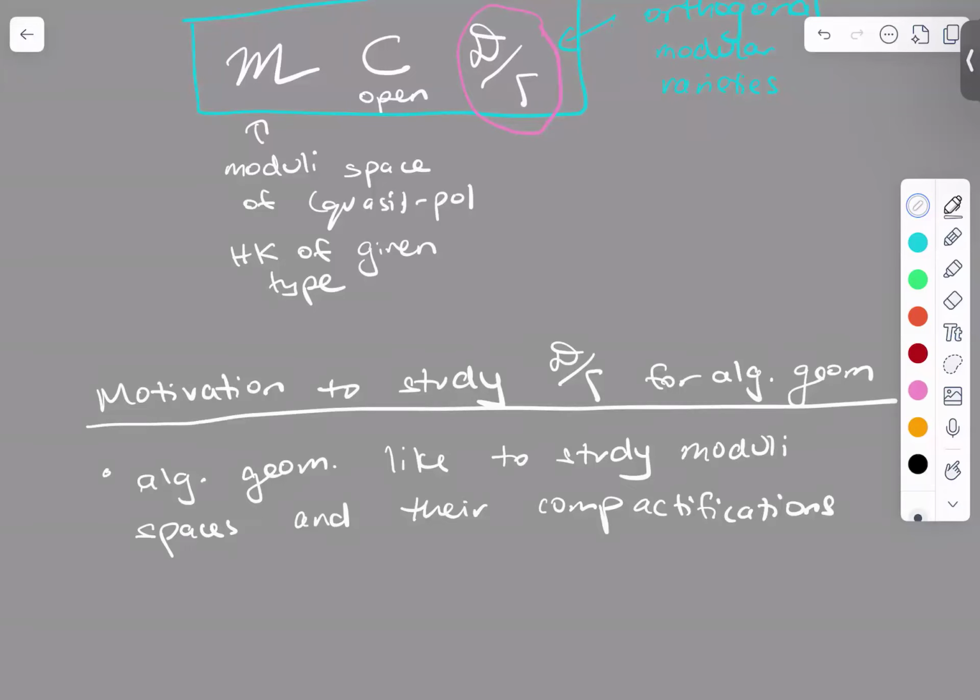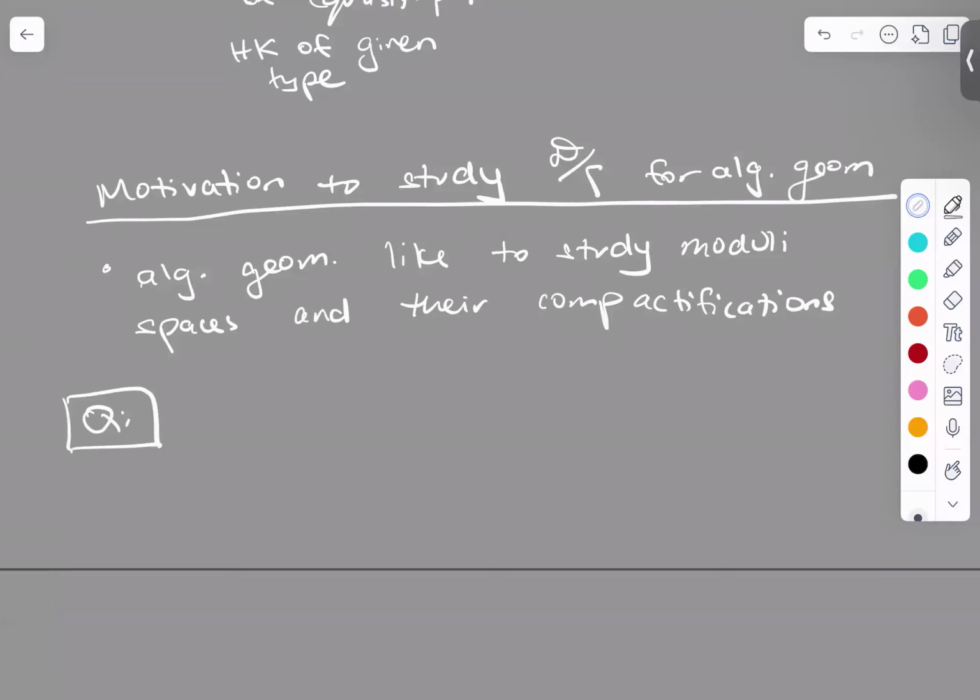So what are the types of questions that algebraic geometers are often interested in when studying the geometry of moduli spaces? The first question you might ask is when a given variety has some kind of global parameterization, or at least on an open subset, when you can parameterize it by coordinates in some global way.